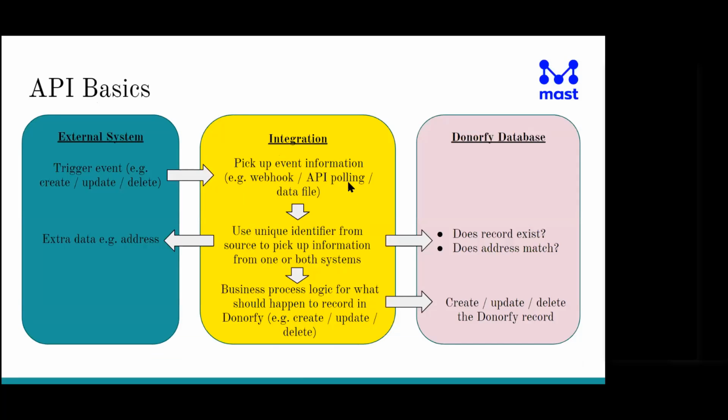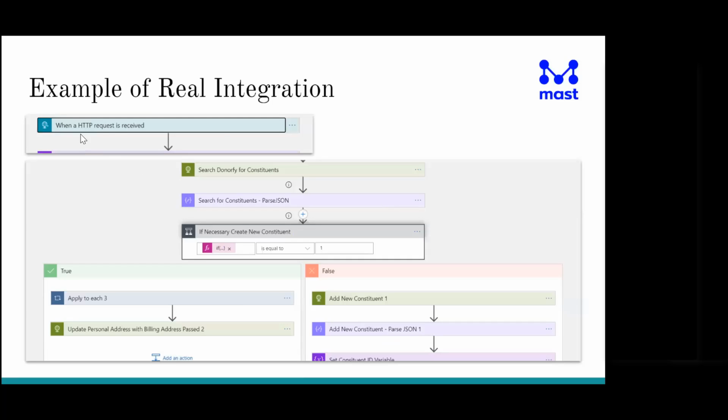This is where we're picking up the event information. This is through a webhook. So that fires a message across to this particular item within the Logic app. That listens out for the webhook saying something's happened. So then it triggers off the rest of the process.